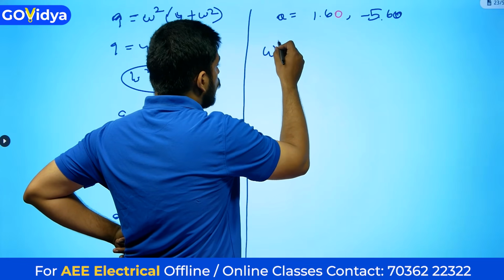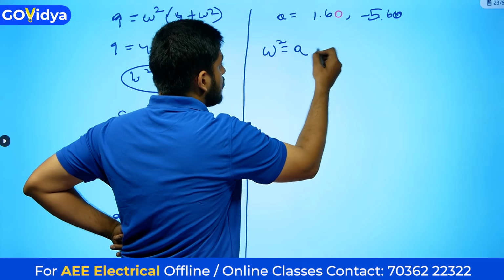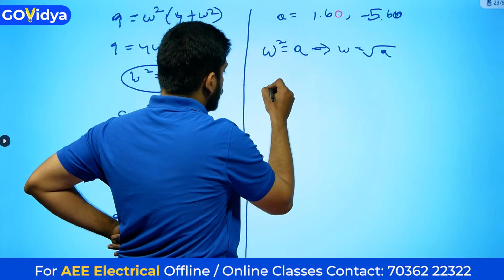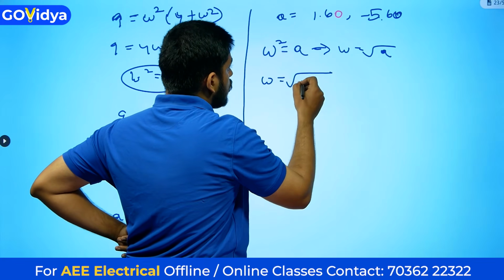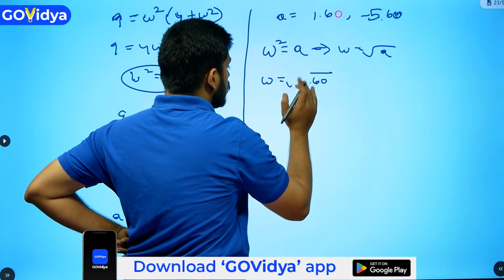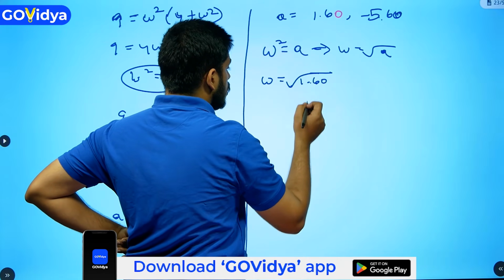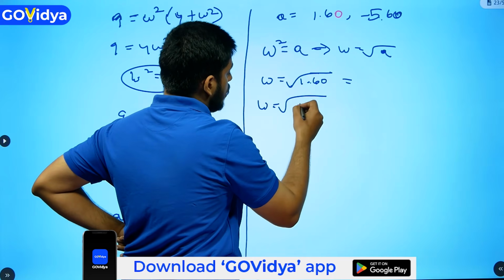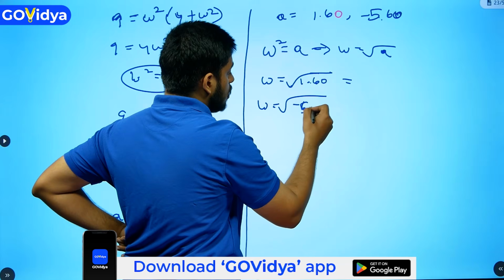Omega square is nothing but a, so omega is nothing but the square root of a. So one omega would be the square root of 1.60, and one more omega would be minus the square root of minus 5.60.